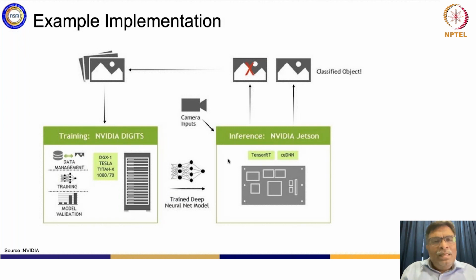So the idea is this model, which has been trained for doing some classification tasks on the DGX, is now to be converted, optimized, and made smaller so that it can run on this Jetson. Now this Jetson is able to classify objects based on the inputs from the camera in a real-life setting. So this is the situation, and this is what we are going to implement.